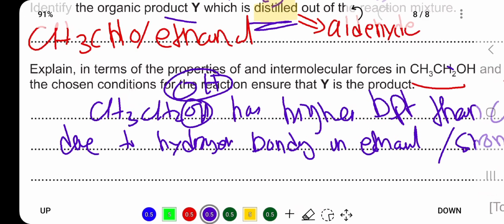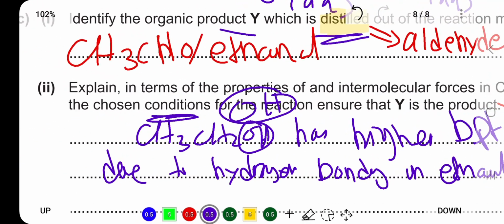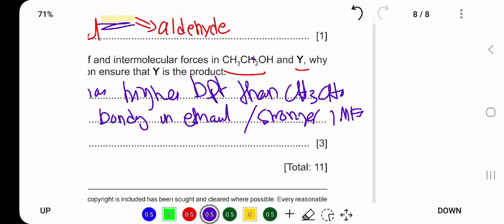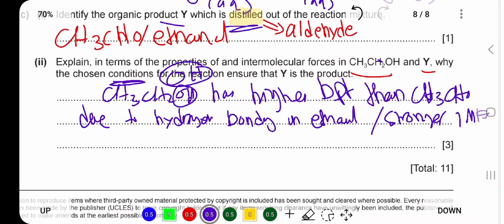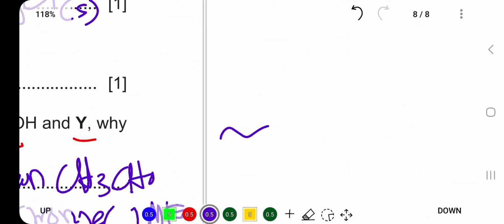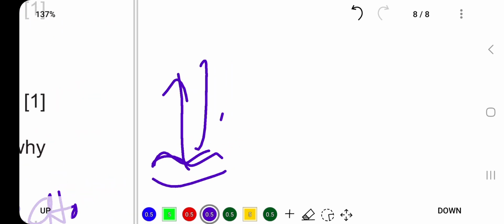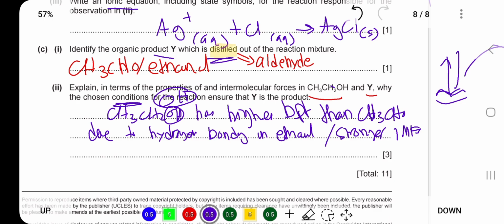And why do we distill it? Because the ethanal has a very low boiling point. Because it has a low boiling point, it will be distilled, and the one with a very high boiling point will go further in reflux. Get it? So why did we use the condition of distillation?